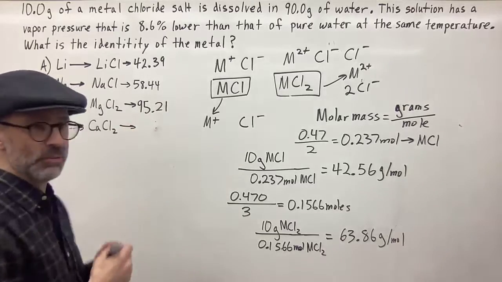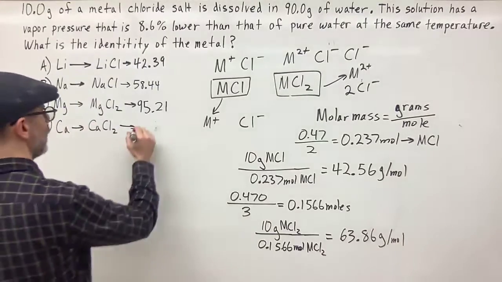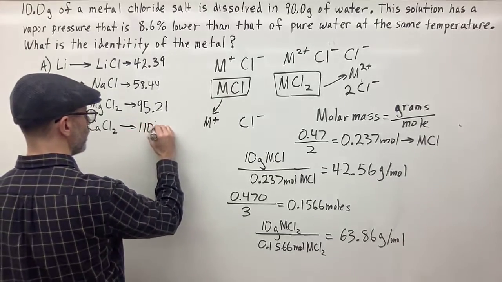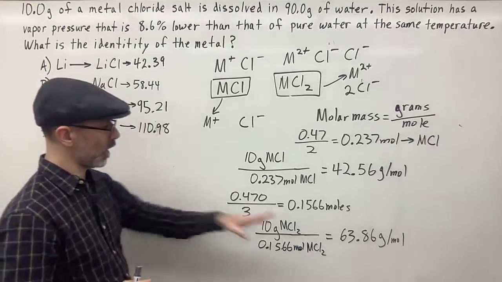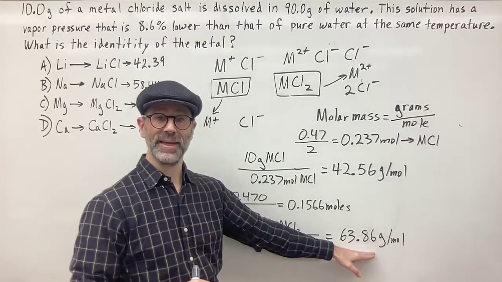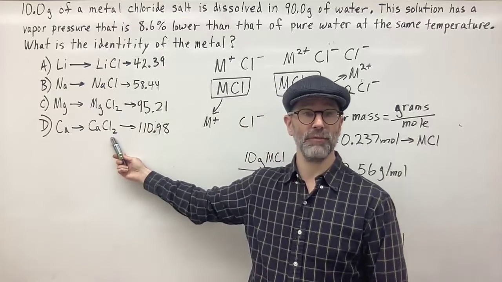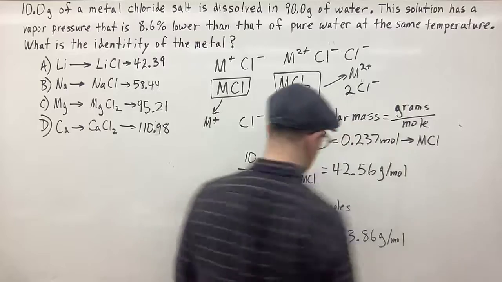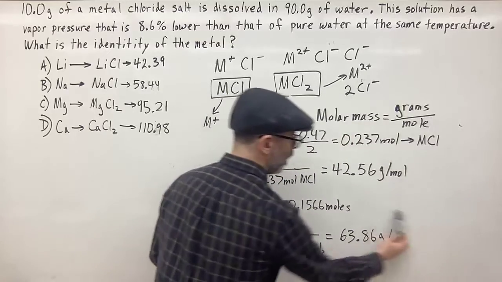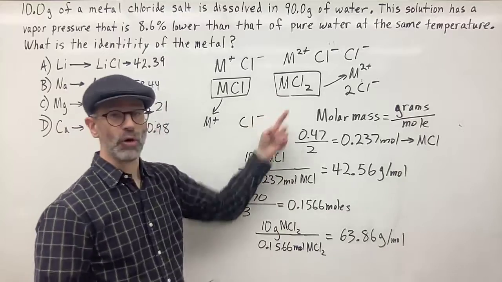And for calcium chloride, that's going to be 110.98. So both of these are much, much bigger than this. So neither of these are going to be the formula because the molar masses of these don't even come close to the molar mass of what we calculated that it should be if this is the formula.